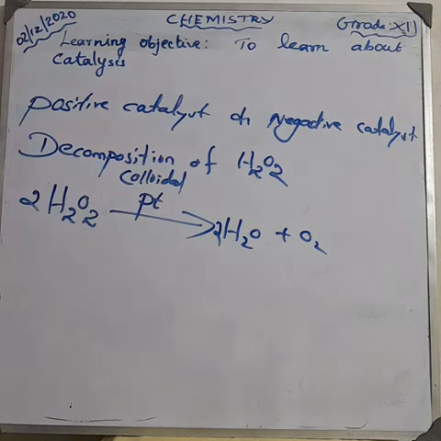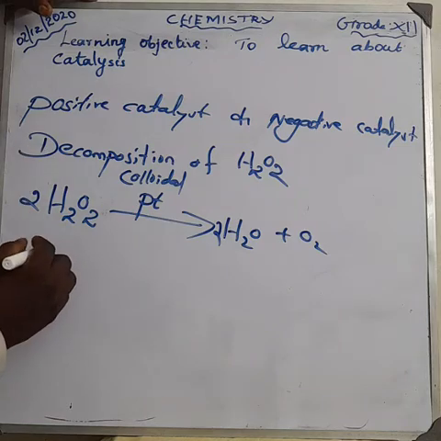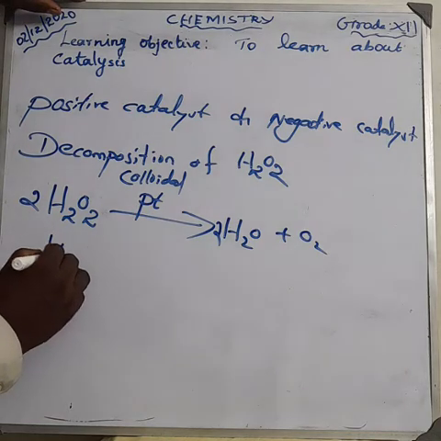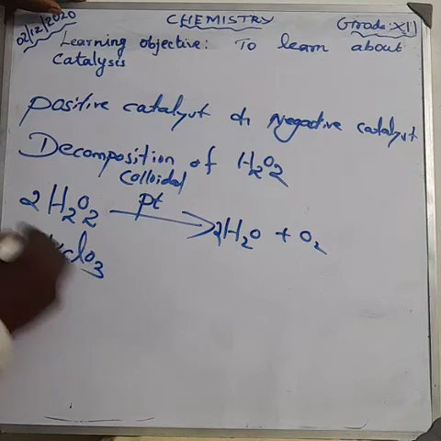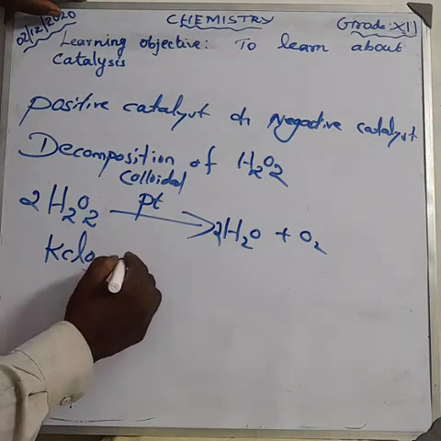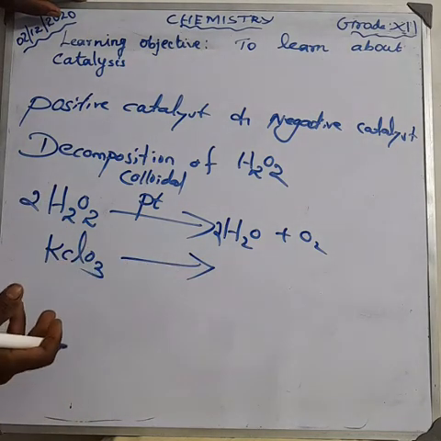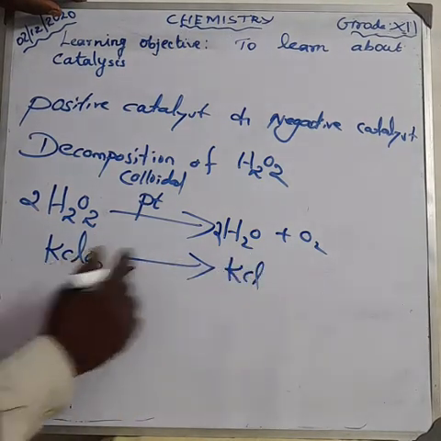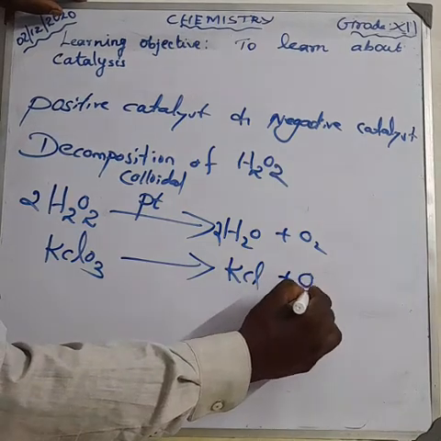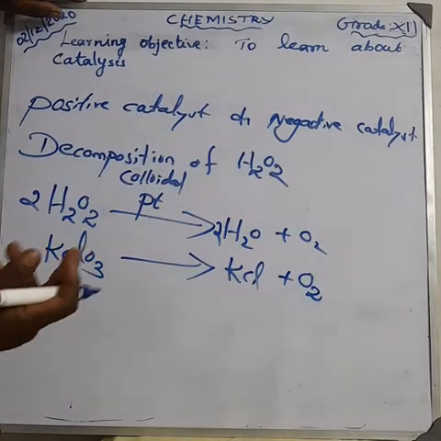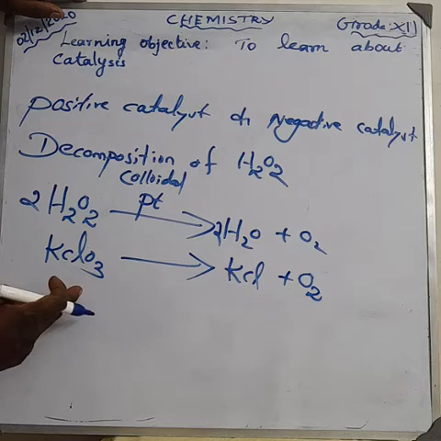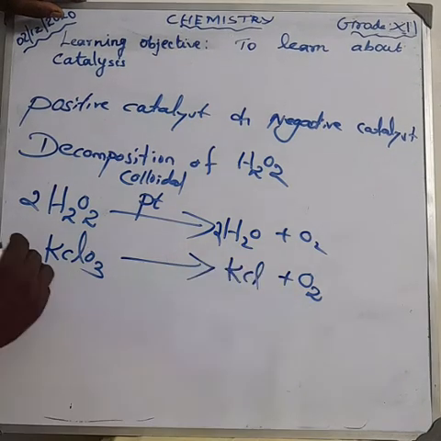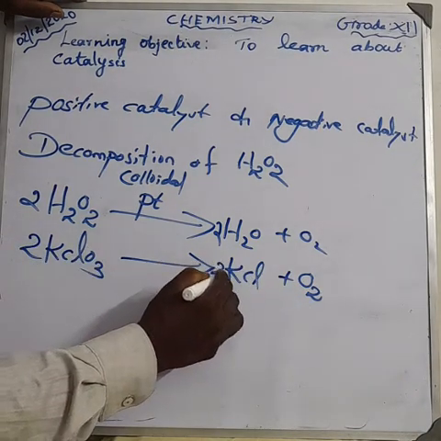One more example is potassium chlorate, KClO3. This also undergoes decomposition. We get KCl, potassium chloride, and oxygen. We have to balance the equation. Here having 3 oxygen, 2 oxygen, make it 2 here, 2 here, and 3 here.